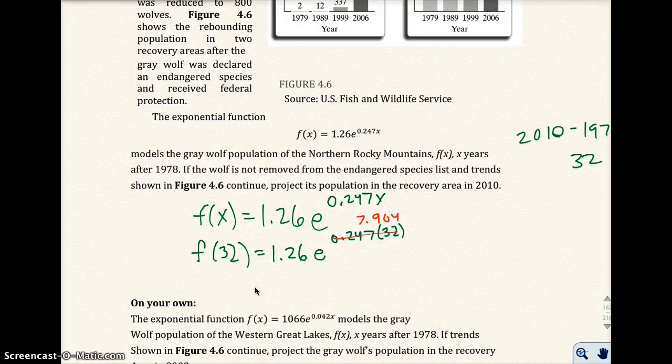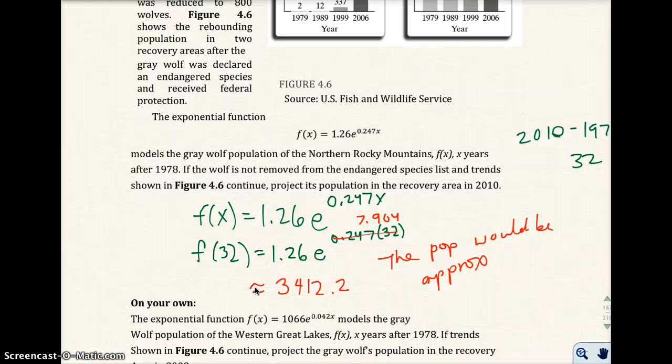And I get approximately 3,412.2. And so again, we're talking about population, so we can't have 0.2 of a wolf. So the population would be approximately 3,412 in 2010.